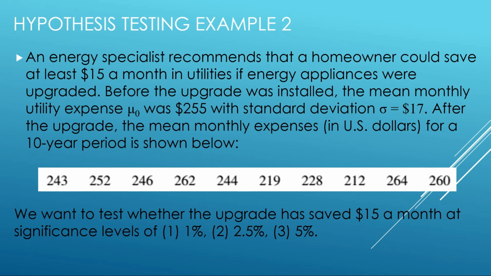After the upgrade, the mean monthly expenses for a 10-year period are shown below. So in the first year, on average, we got $243, second year $252, next year $246, and so on. We want to test whether the upgrade has saved $15 a month at significance levels of 1%, 2.5%, and 5%.